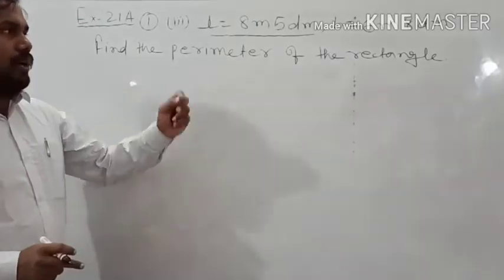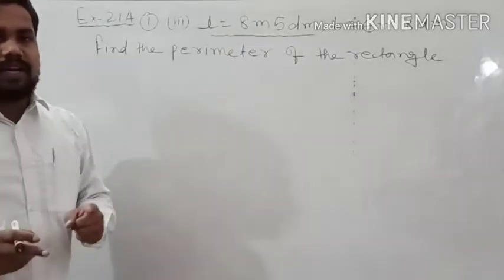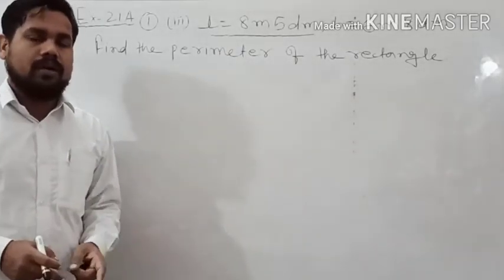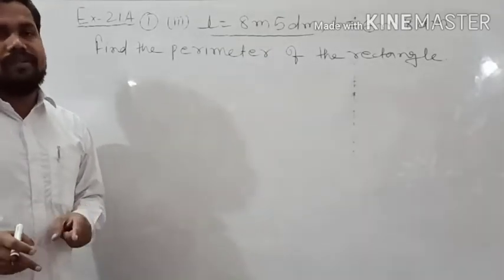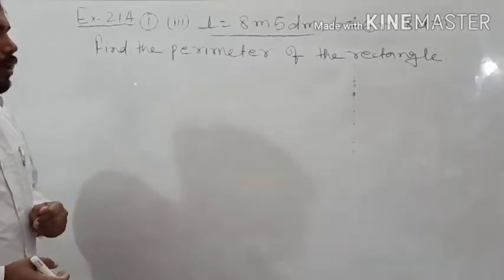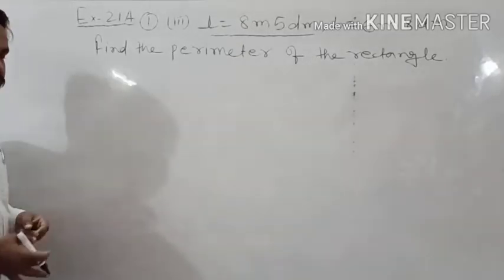So this is what we will do here also. Okay, if it is meter and kilometer, meter and centimeter, kilogram and gram, then first we have to convert and then we can do whatever calculations we want.